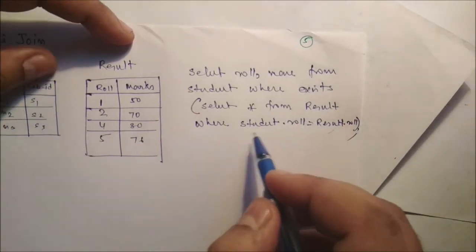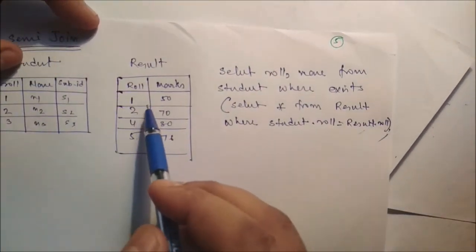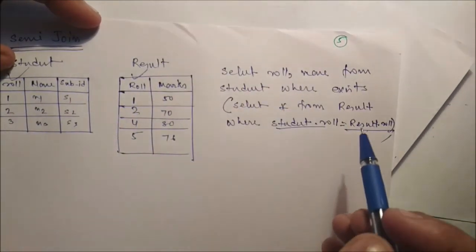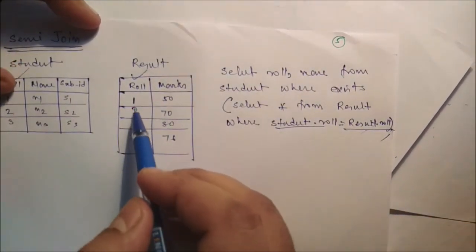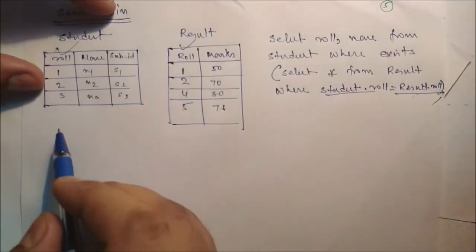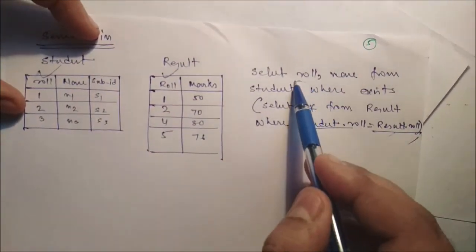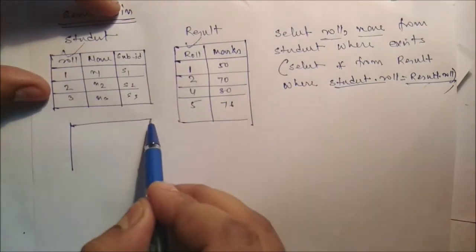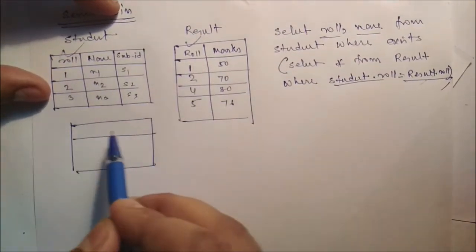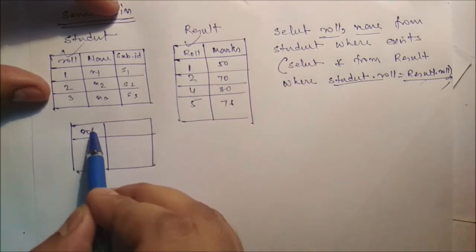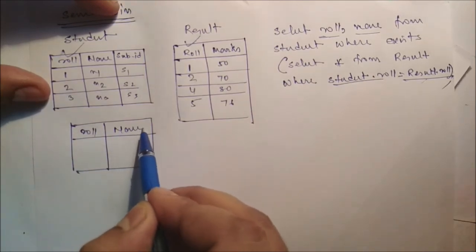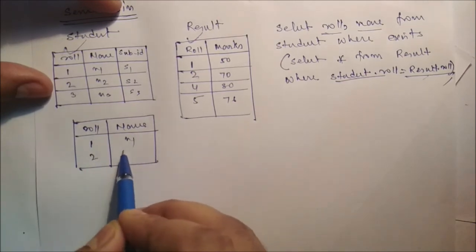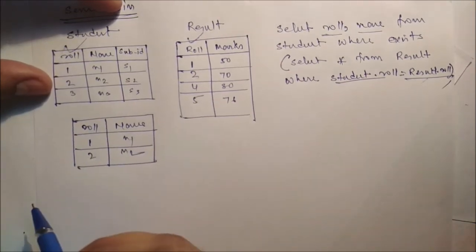So it will return. You can see here you match this roll number with this roll number using this line, and it matches only 1 and 2. We need only the roll number and name as output. So the output will be roll number and name: 1 and 2, N1 and N2. This will be the output.